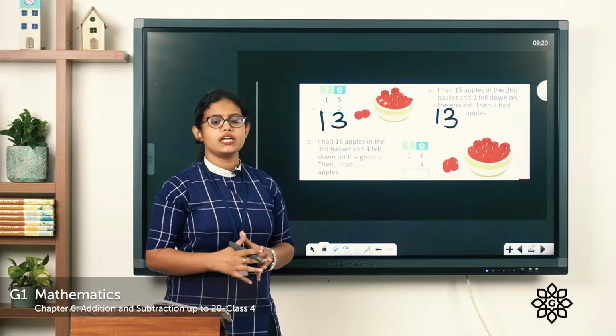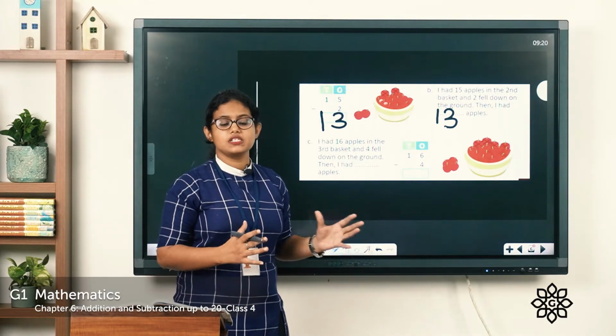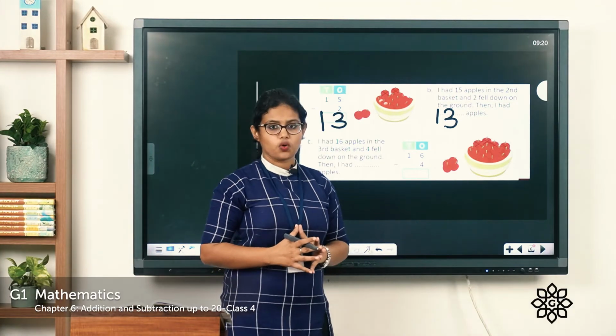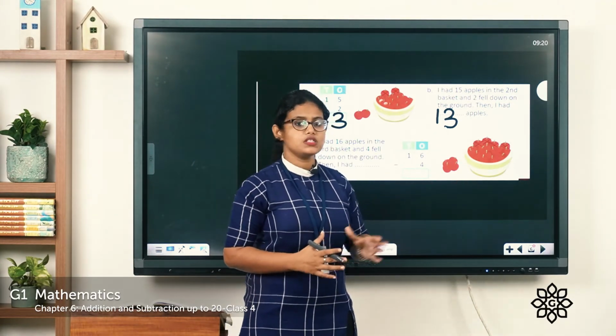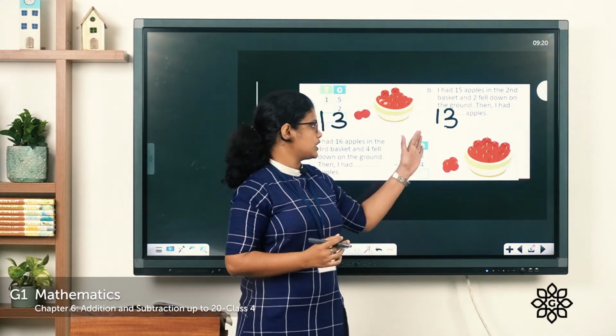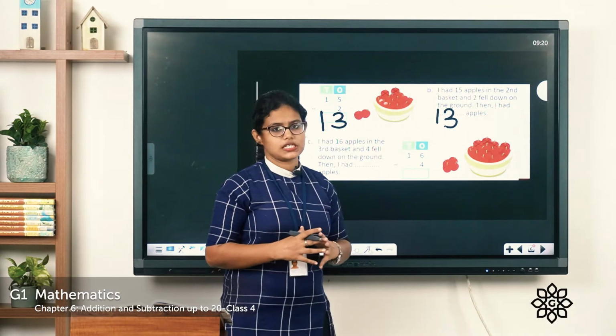So you need to find how many apples are left in the basket. So 16 minus 4. From 16 apples, 4 fell down. So what is 16 minus 4? You need to take away 4 from 16.